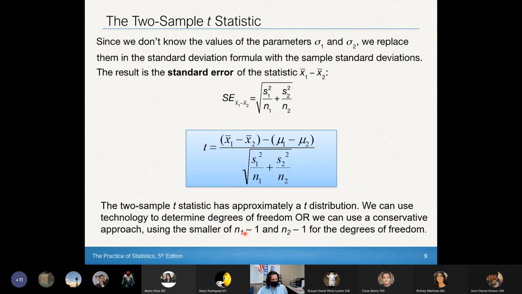The sample size from population 1 minus 1 or the sample size from population 2 minus 1. Whichever one's smaller, that's the degrees of freedom you use. So for example, if n1 was 30 and n2 is 40, the degrees of freedom for sample 1 is 29, degrees of freedom for sample 2 is 39. We're going to use 29, it is more conservative. Use the smaller value.